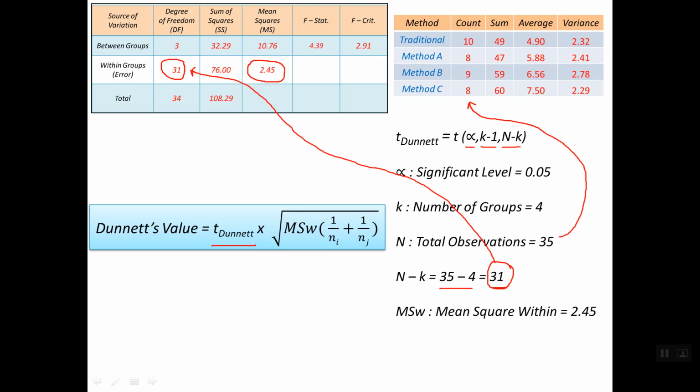So in order to determine the value for the statistic T for the Dunnett test, we need to know alpha, we should know the number of groups, and we should know the degree of freedom for the error. And regarding small n sub i, it is the observation number in group i.